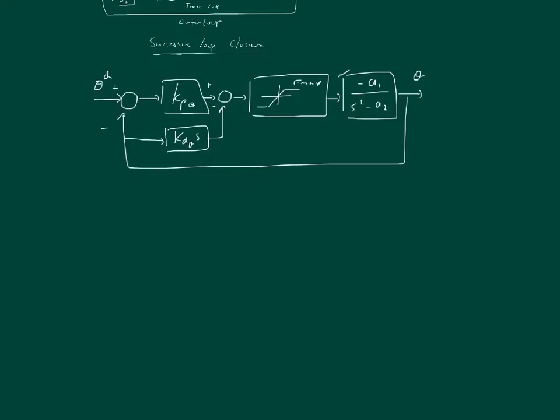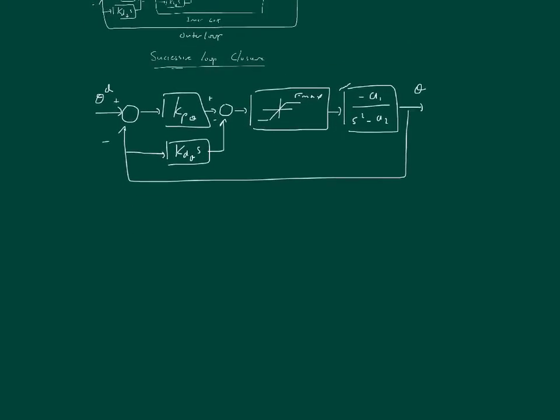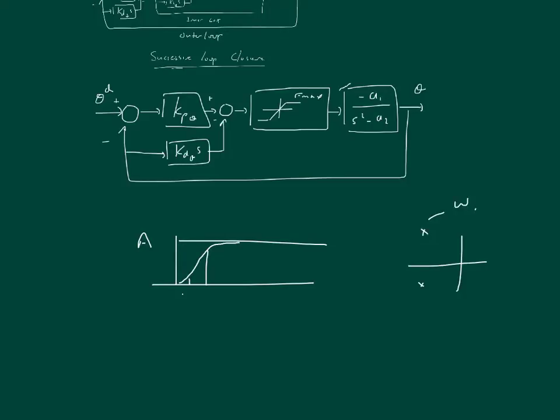Along those lines, I just want to point out that if you have a step function of size A, and then you design a system so it has a certain rise time, in other words, you pick the poles of the system to be at some location given by omega n e to the plus or minus j theta, where theta equals the sine inverse of the damping coefficient zeta.